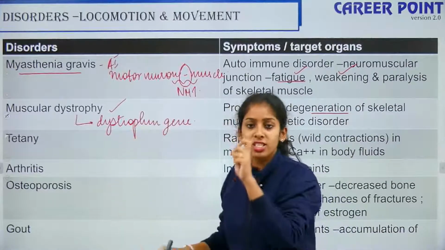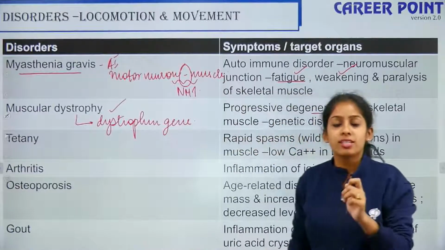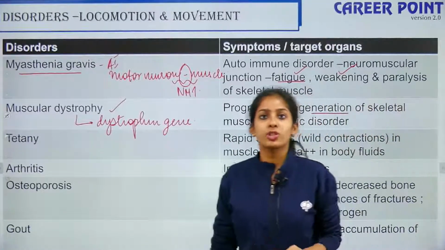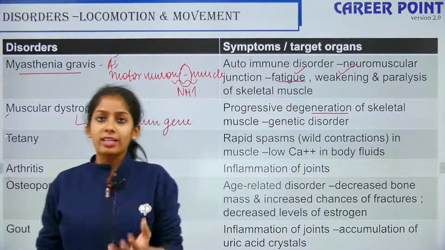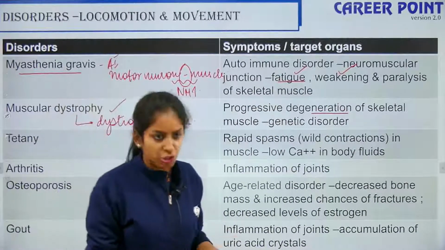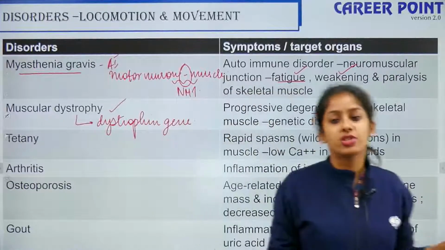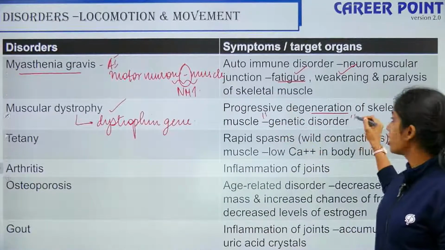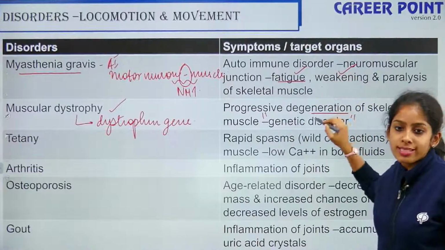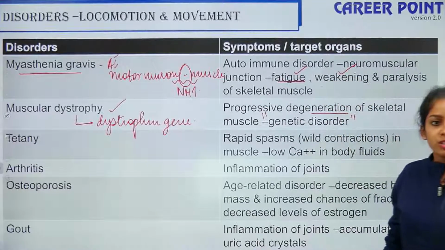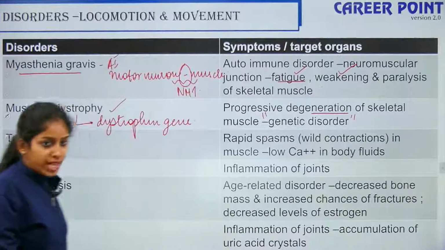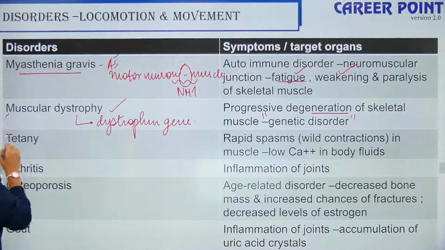There is a mutation in this gene, thus the dystrophin protein is not properly produced. If the dystrophin protein is not properly produced, your contractile proteins will not be functional. So that is progressive degeneration of your skeletal muscle, and it is a genetic disorder. Myasthenia gravis is an autoimmune disorder, this is a genetic disorder. I hope you know the difference between an autoimmune disorder and a genetic disorder. Yes? Okay. The next one is tetany.